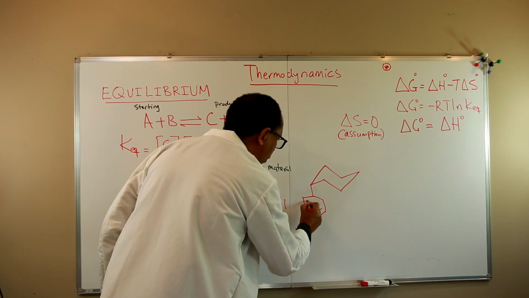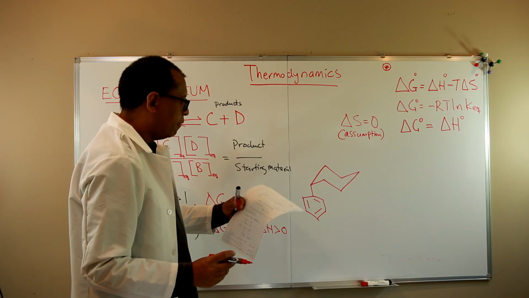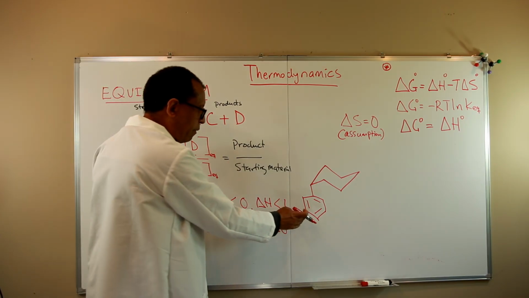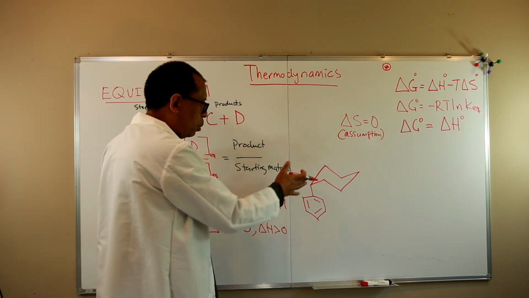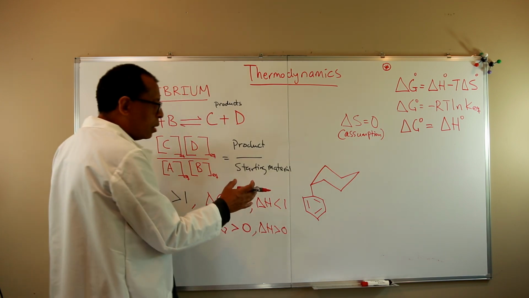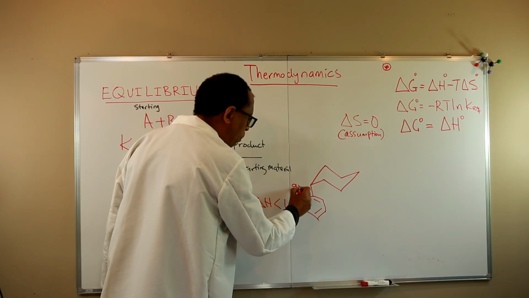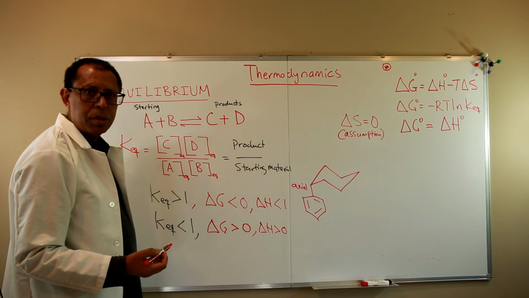This is a chair form of cyclohexane where you have the phenyl group in axial position. This is the phenyl group. The rest are hydrogens. Obviously, you should remember that from our chair conformation. So this is an axial position. The phenyl is a bulky group now oriented in axial position.